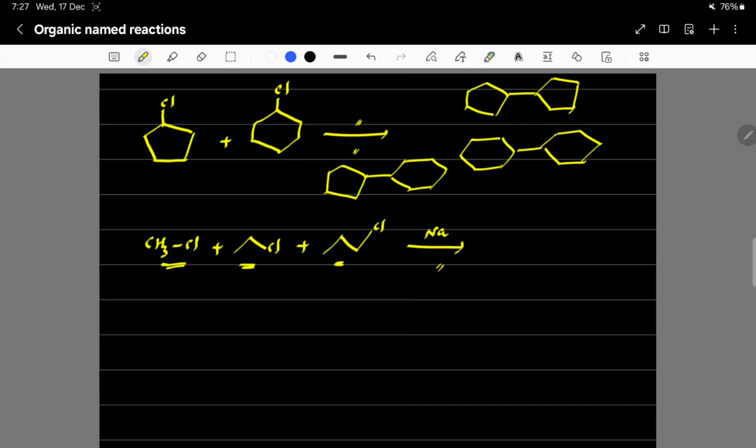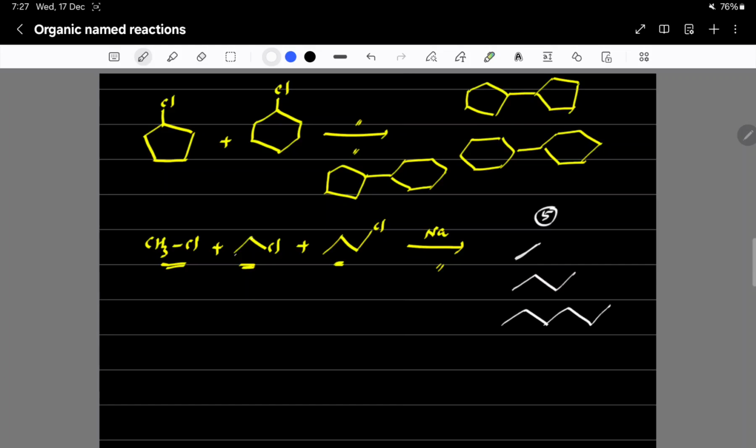Right. Now similarly you can try, student, we have 3 different alkyl halides. So if you have 3 different alkyl halides, students, generally possible products are 6. Why? Because methyl chloride undergoing coupling, then we will get ethane as the product. Ethyl chloride undergoing coupling, student, we will get butane as the product. Propyl chloride undergoing coupling, student, we will get hexane as the product.